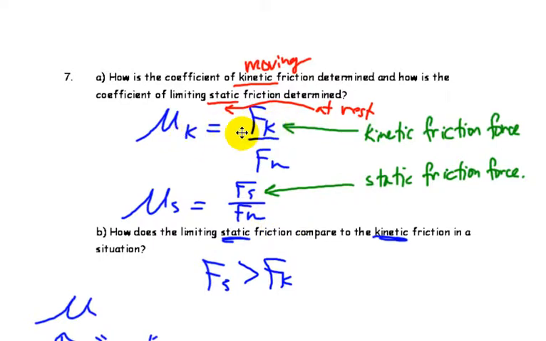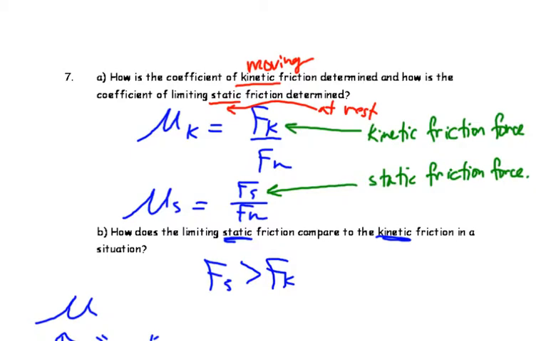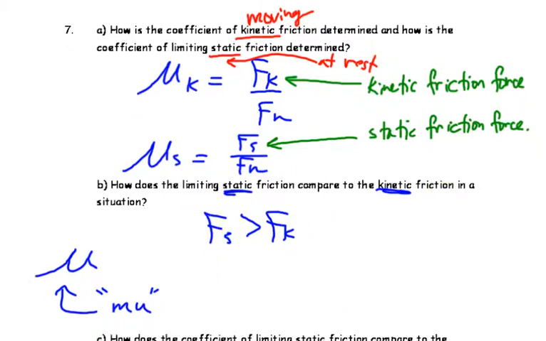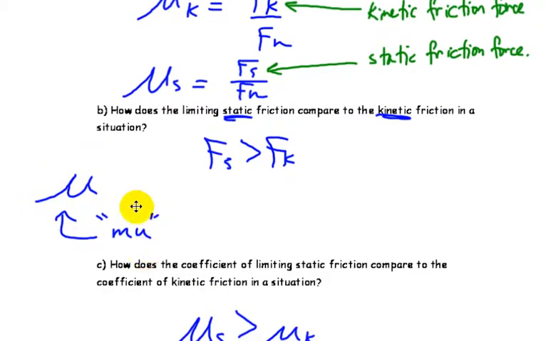You may see this detail described, showing whether it's kinetic force or static force. And as previously mentioned, static force is bigger than kinetic. At rest is larger than moving because of those interlocking surfaces. And this is the Greek symbol, pronounced mu.